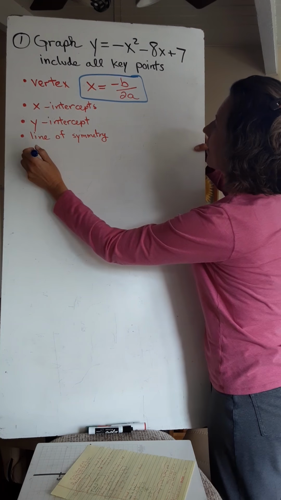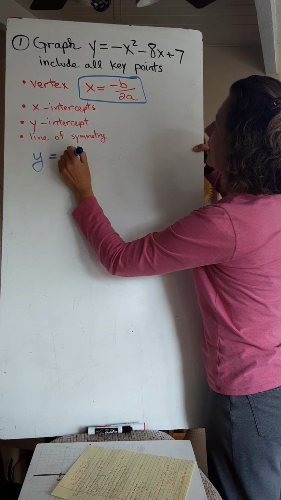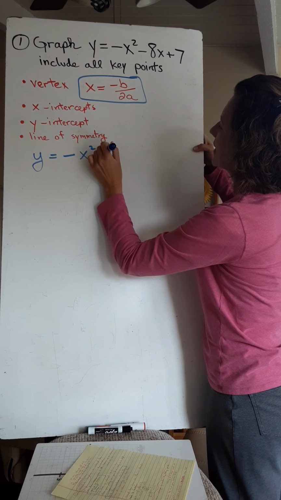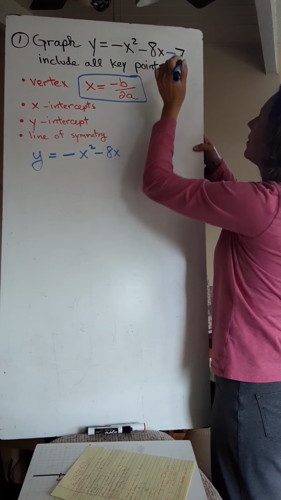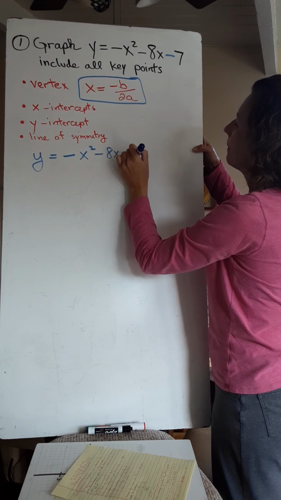Starting with this problem, y equals -x squared minus 8x minus 7.